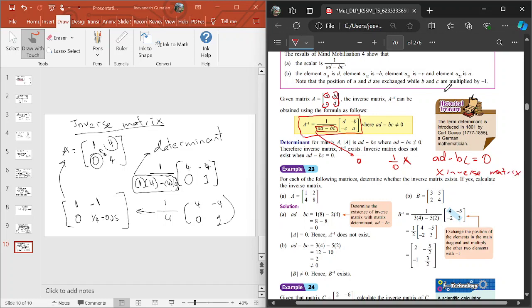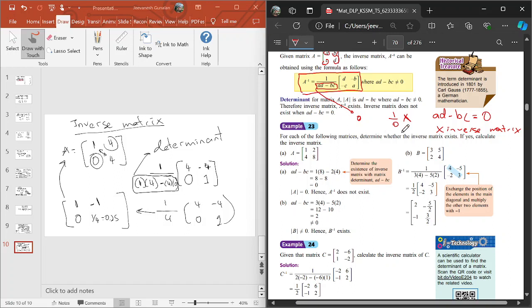Easy to understand? Okay. So for each of the following matrices, determine whether the inverse matrix exists. If yes, calculate the inverse matrix. So here they did the determinant first, and since they got 0, that means the inverse doesn't exist. For B, when they try to do it, it's 2, so it's not equal to 0. That means the inverse does exist. So how they did it, they just interchange, swap this. So 4 came here, 3 here, and you just change the sign of this.